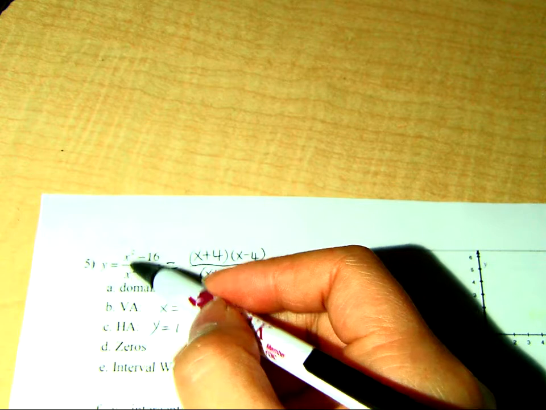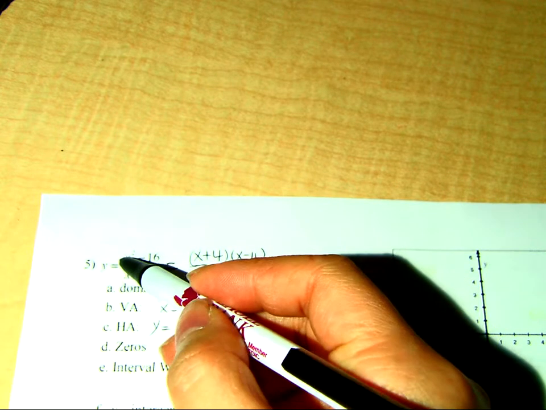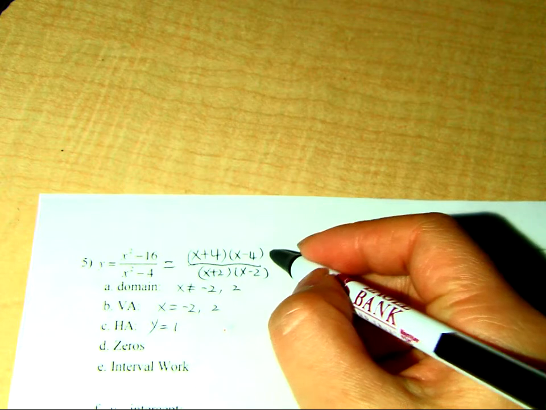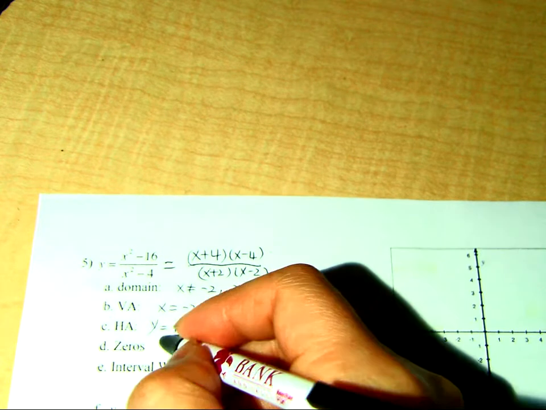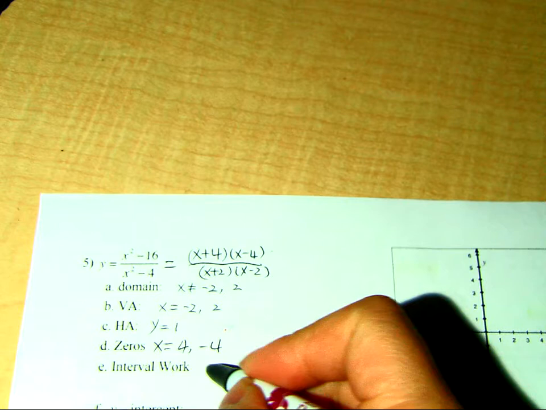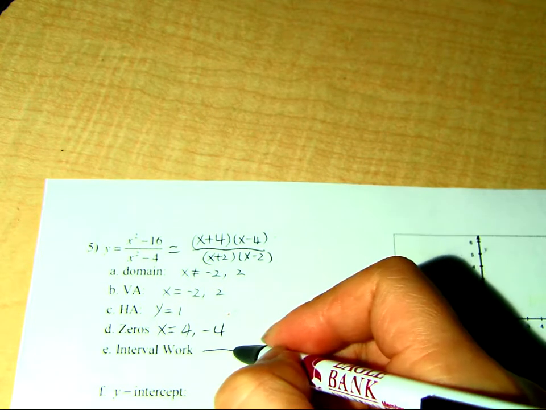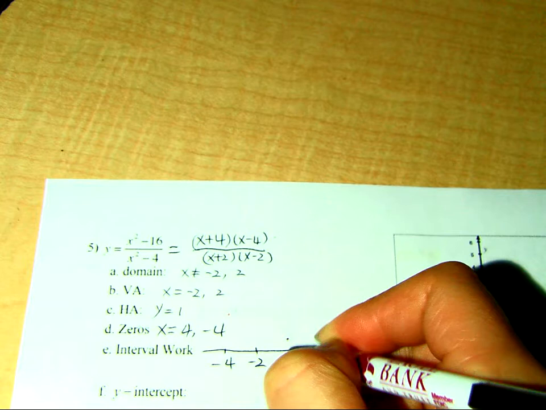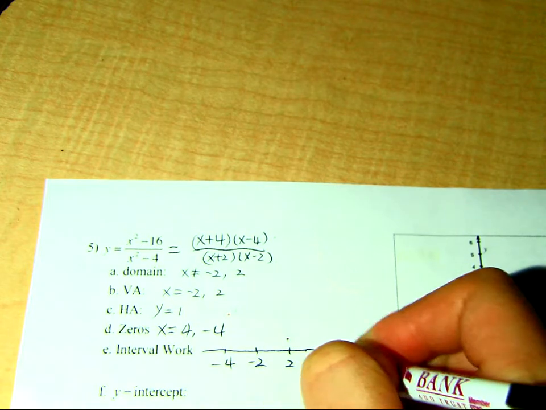They both are equal. You just look at the coefficient. So it will be 1 over 1. That's why it's 1. Zeros, we make numerator equal to 0. So x is 4 and negative 4. Interval work, we need the VA and the zeros. So negative 4, negative 2, 2, and positive 4.